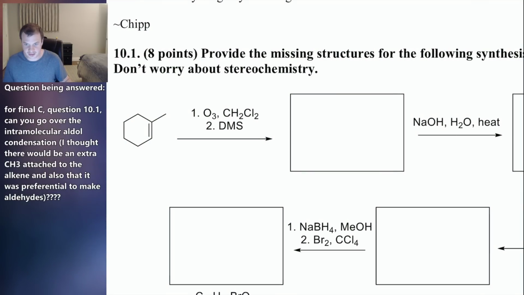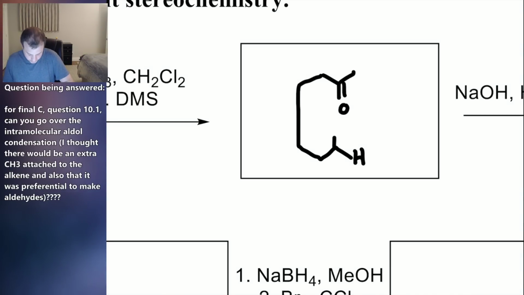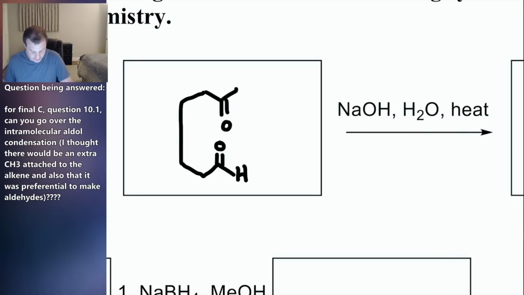Okay, so let's go ahead and do our ozonolysis reaction. So that's going to lead us to this molecule here. Okay, and then now we need to do an intramolecular aldol reaction. So we'll go ahead and draw in our alpha hydrogens.